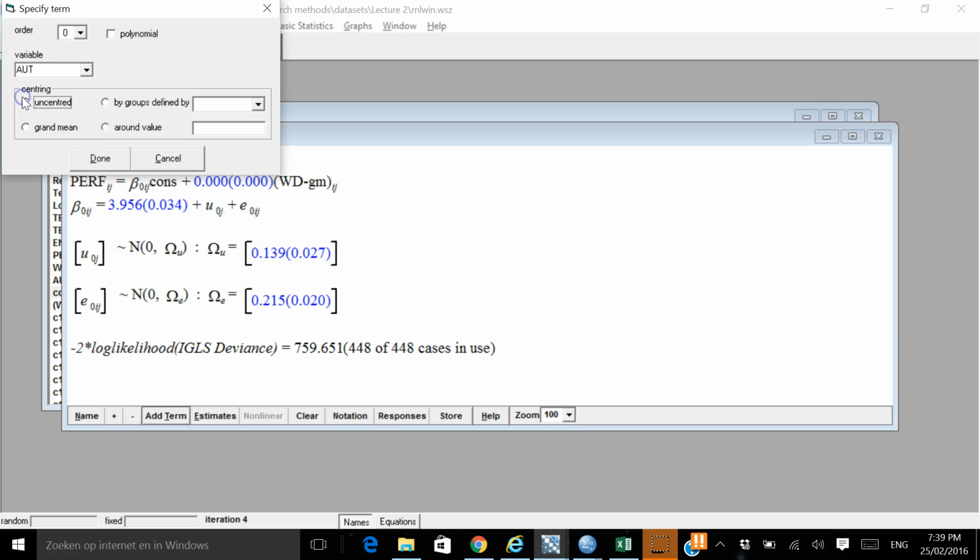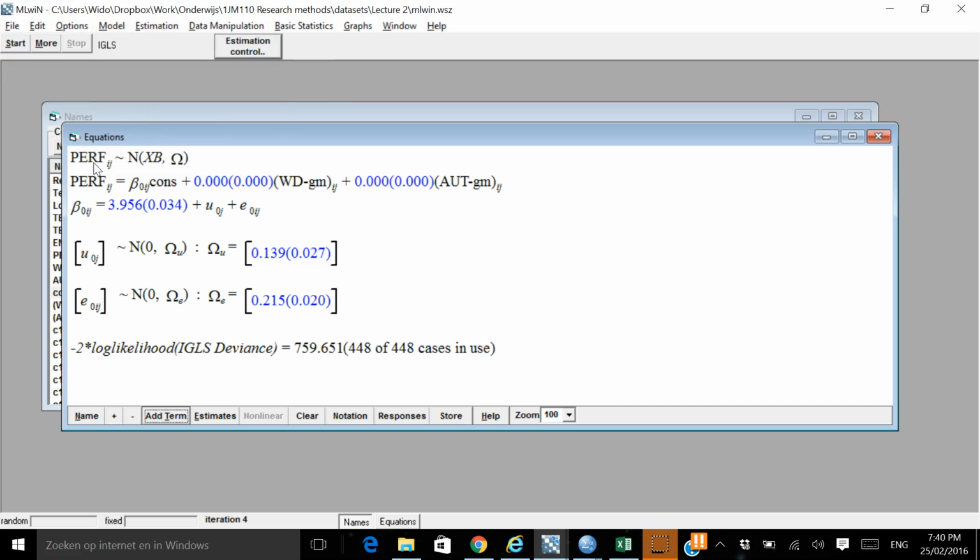You can also use uncentered scores, but especially when you want to calculate interaction effects, and we will do that later on, then it is wise to center your scores because you avoid multicollinearity. But that will not be covered in this course actually.